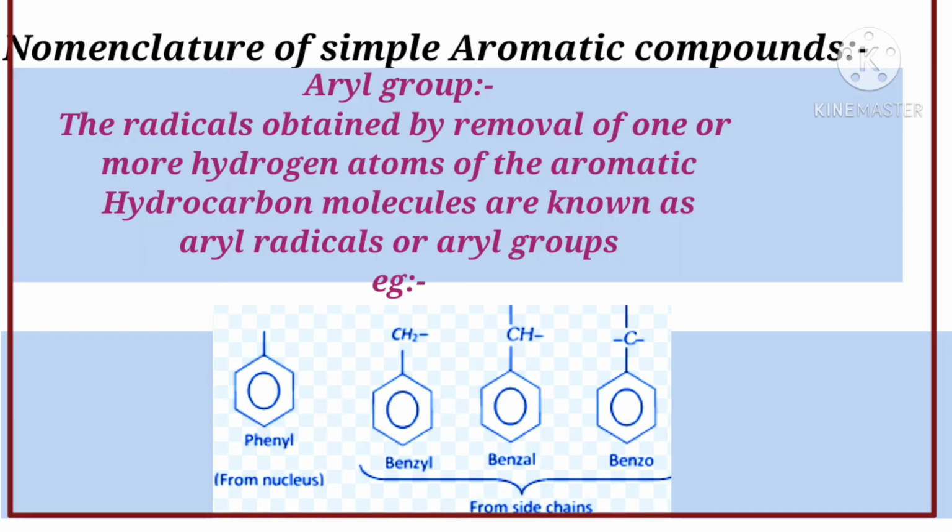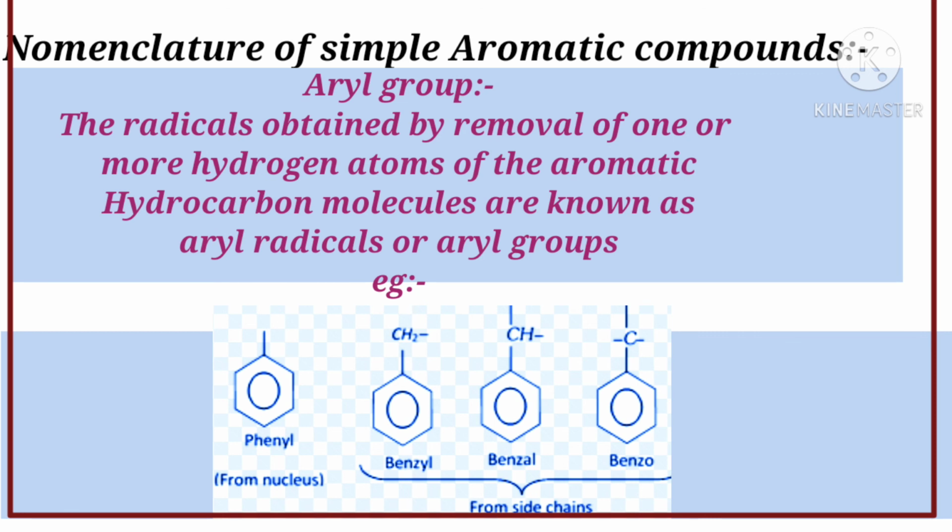And the next one, nucleus and side chain, and next one, aryl group. In aryl group, the radicals obtained by the removal of one or more hydrogens of an atom of the aromatic hydrocarbon molecules are known as aryl radicals or aryl groups.